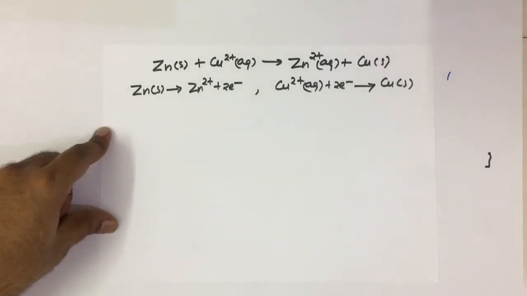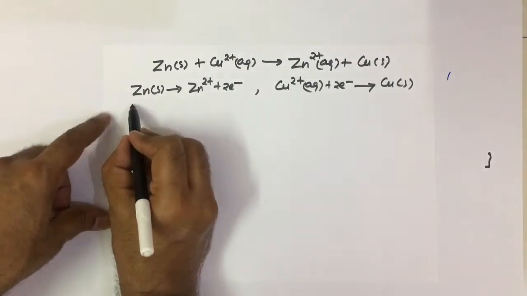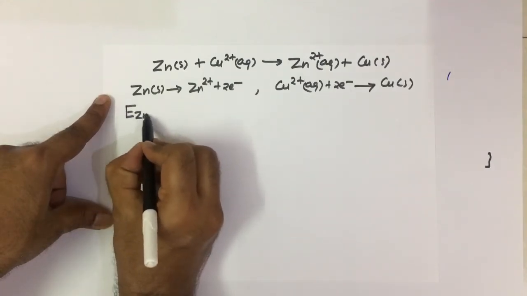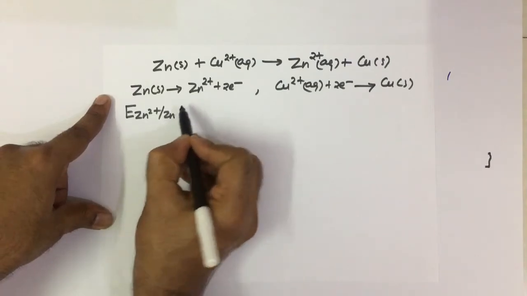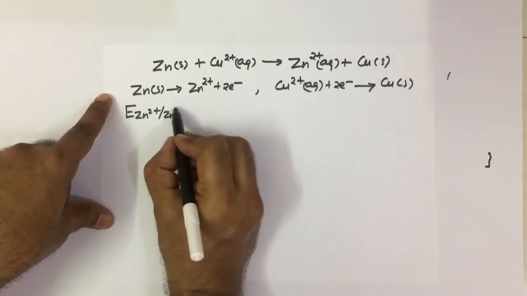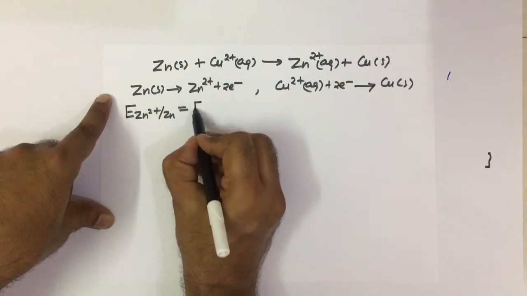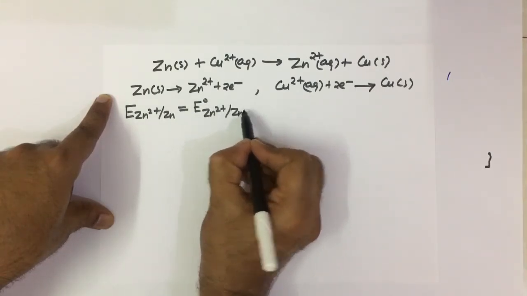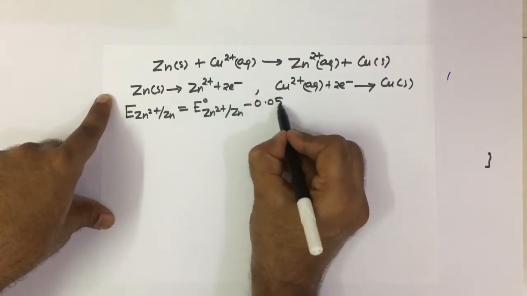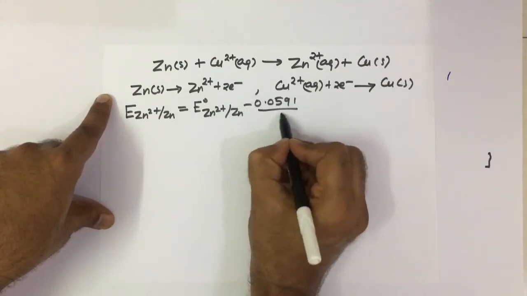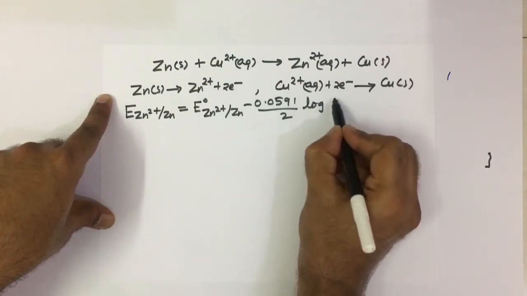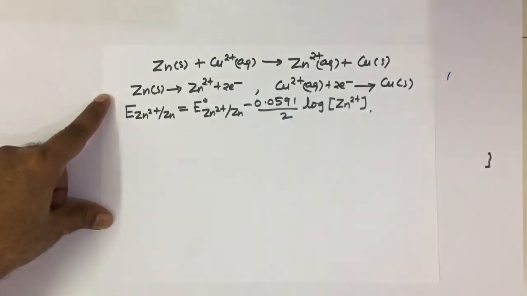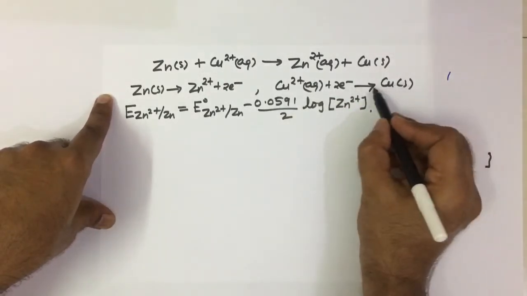The Nernst equation for zinc, as I have written in the previous slide, is E of Zn2+ upon Zn equals E naught of Zn2+ upon Zn minus 0.0591 upon 2 log of Zn2+.